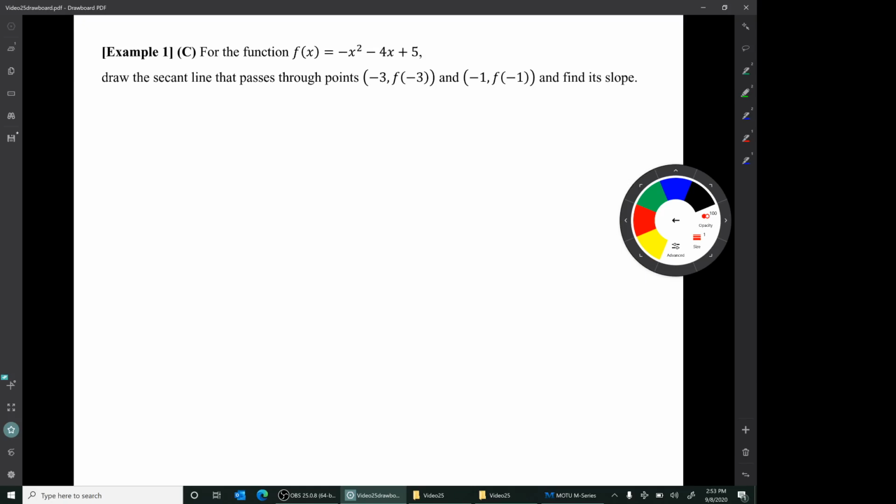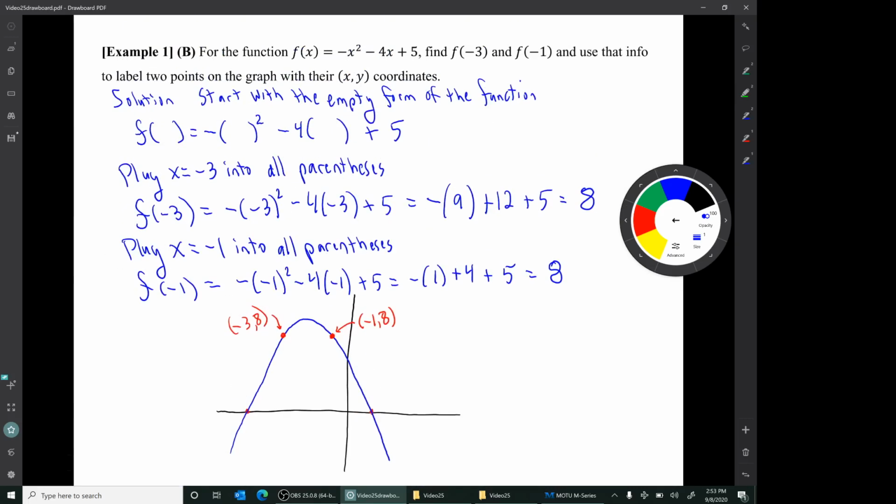Question C. For the same function, draw the secant line that passes through the points that have coordinates -3, f of -3, and -1, f of -1, and find its slope. Well, that is going to be just simply the line between those 2 points that we just drew. So I'm going to copy this graph and move it down to the next page.